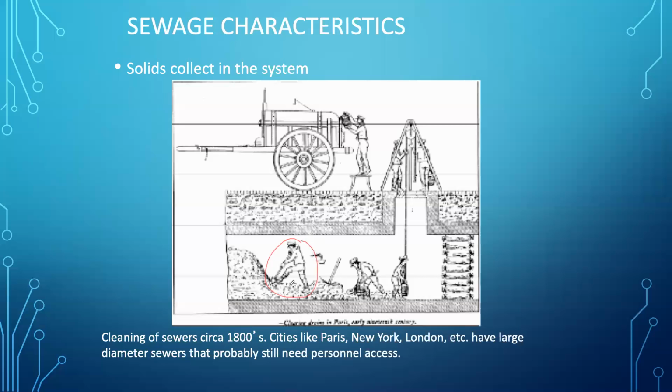So he's scooping up these solids and using a pickaxe for the extra log jammer ones. And then it goes into this bucket, and this guy hands it to this guy, and then it's lifted up. This guy takes it off the crane, hands it to this guy, and this guy pours it into the cart here, and then the cart is hauled off to a Parisian bakery to make mud pie and various other confections for the aristocracy.